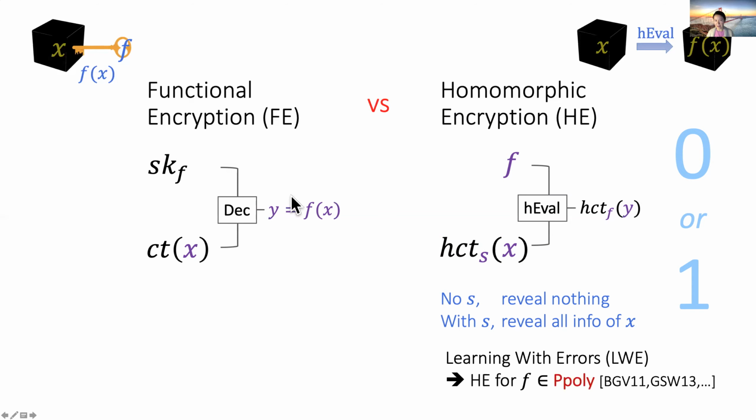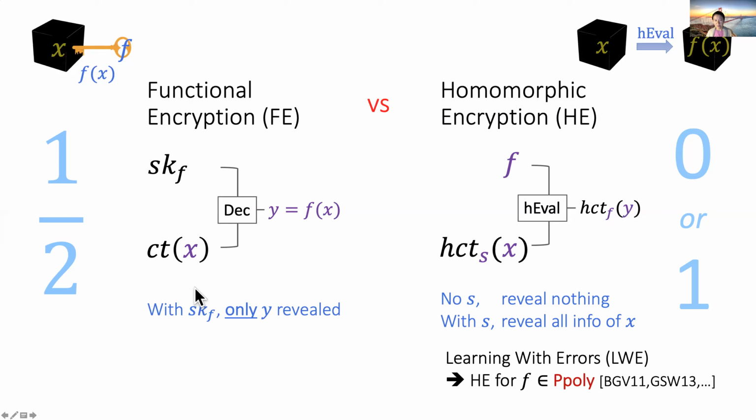On the other hand, functional encryption represents a different type of security goal. That is, I would like to give out a secret key that reveals some partial information, in the form of a function output y, about an encrypted input, and beyond the output, all other information about x is hidden.